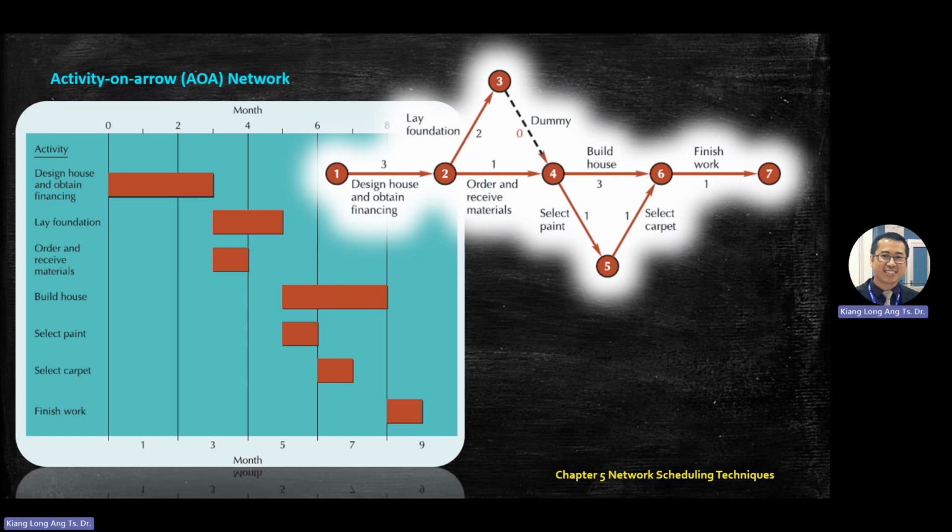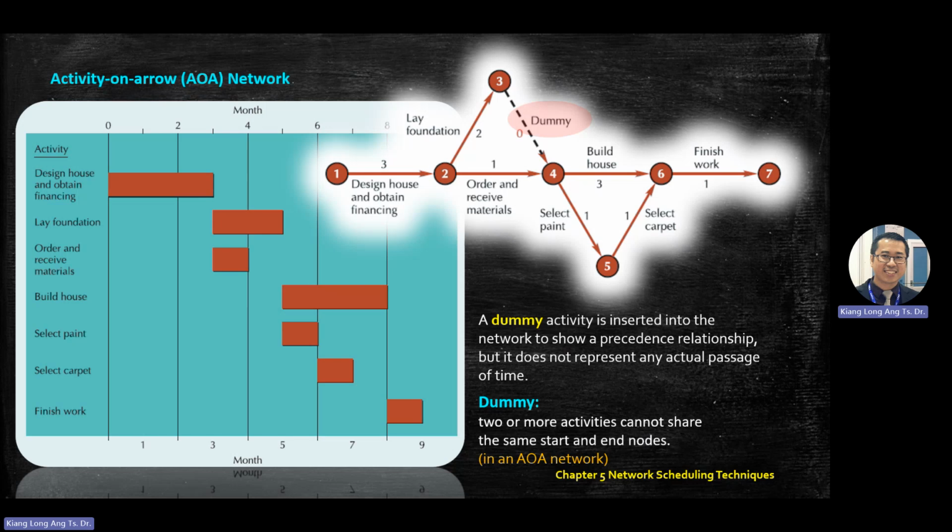Yeah, I need to go fast a bit. Okay, dummy. The purpose of putting in a dummy is to insert it into the network to show a precedence relationship, but it does not represent any actual passage of time. It just shows the relationship.